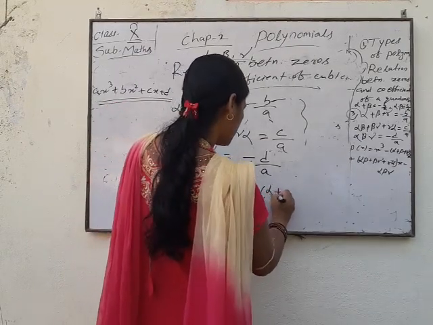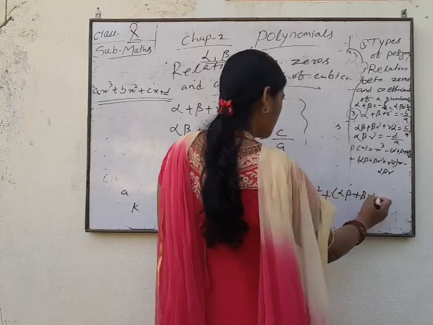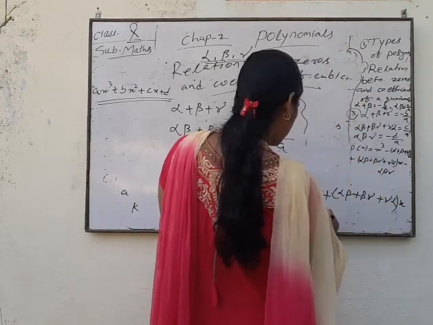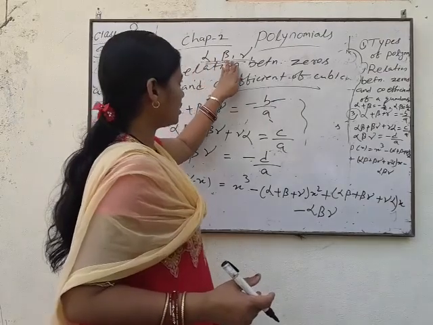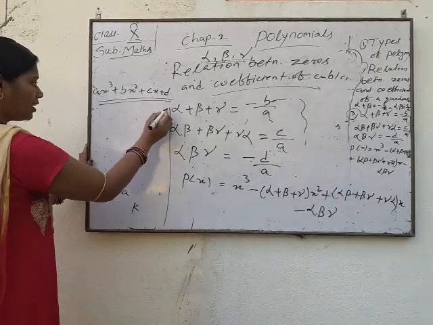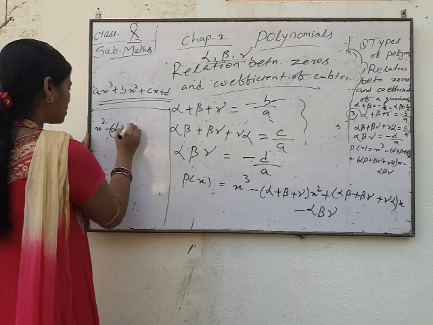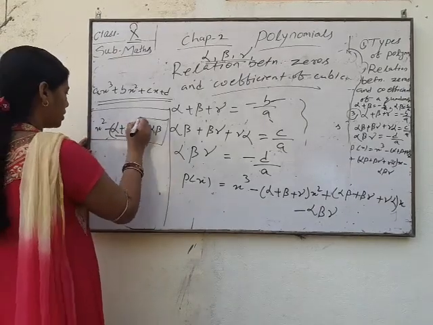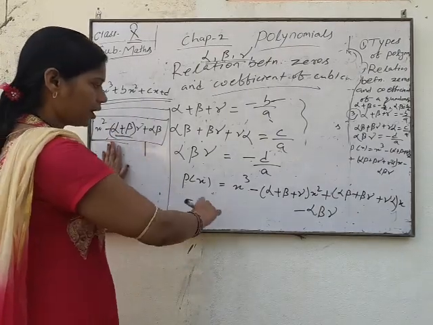Similarly, the quadratic polynomial is x square minus (alpha plus beta) into x plus alpha into beta, where the two zeros are given. This is the quadratic and this is the cubic.